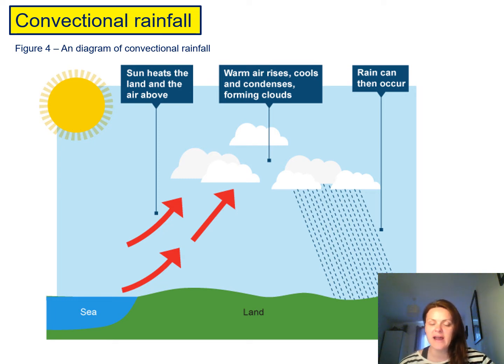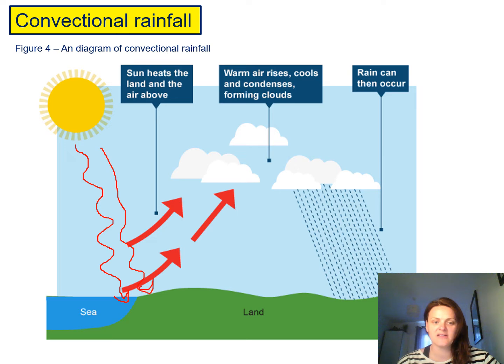Convectional rainfall is all about the sun heating up the land and the air just above the land. It will obviously heat up the sea as well, and once that heats up, the air will start to rise.